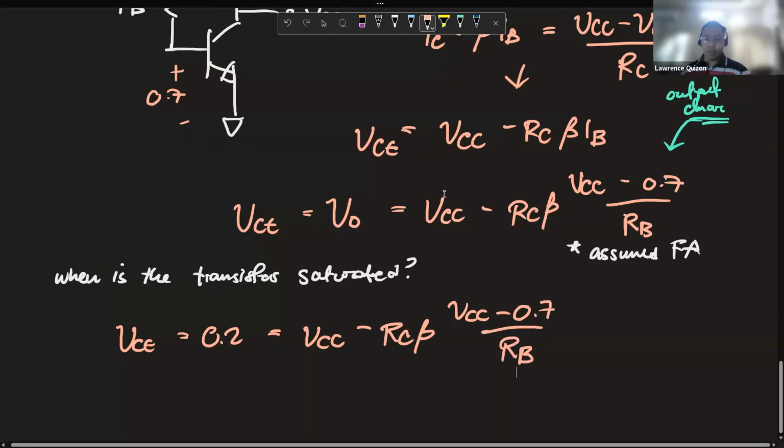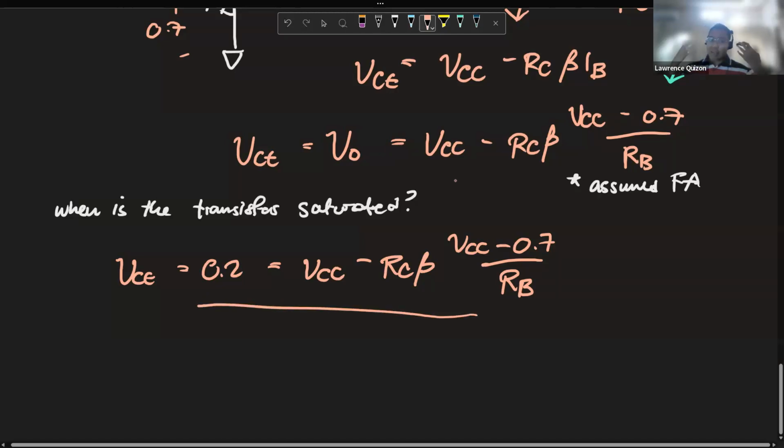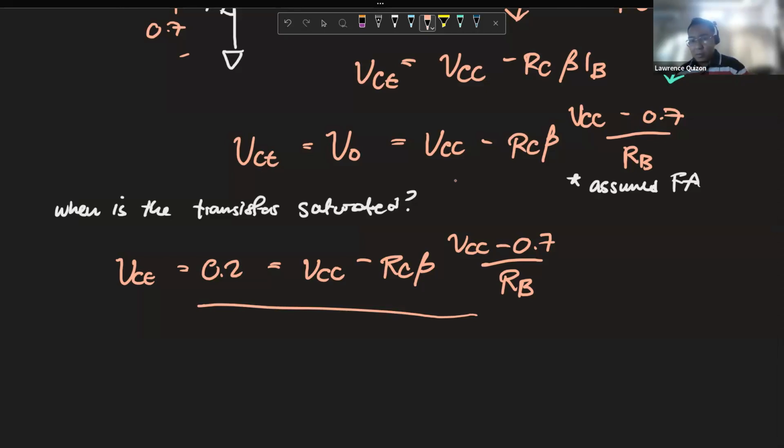So then, it depends on what the problem is. The problem could be stated as the maximum RC or the maximum RB, or the maximum RC or the minimum RB.